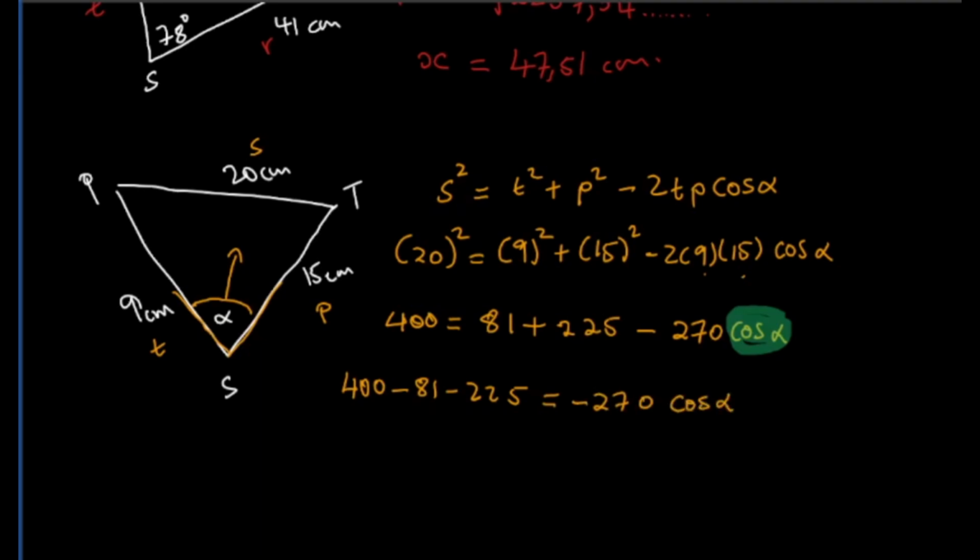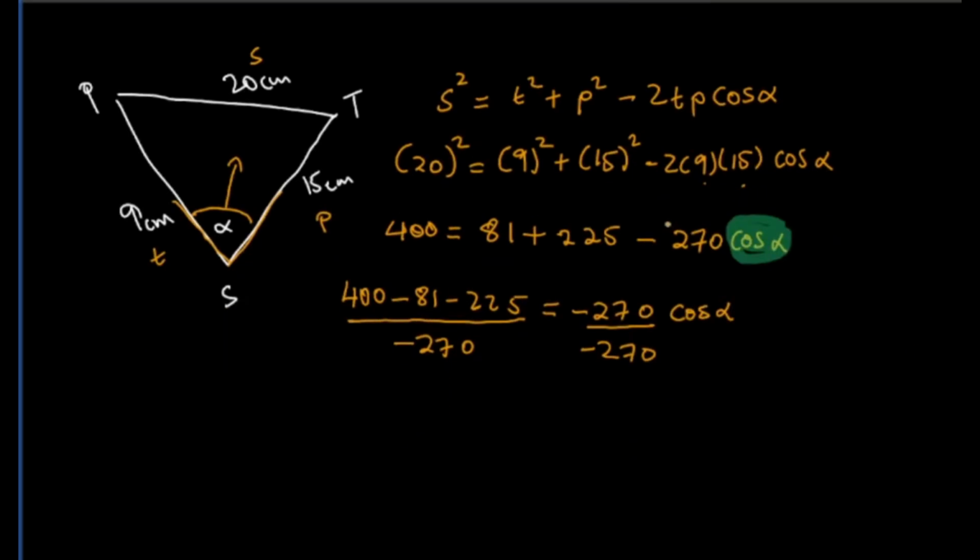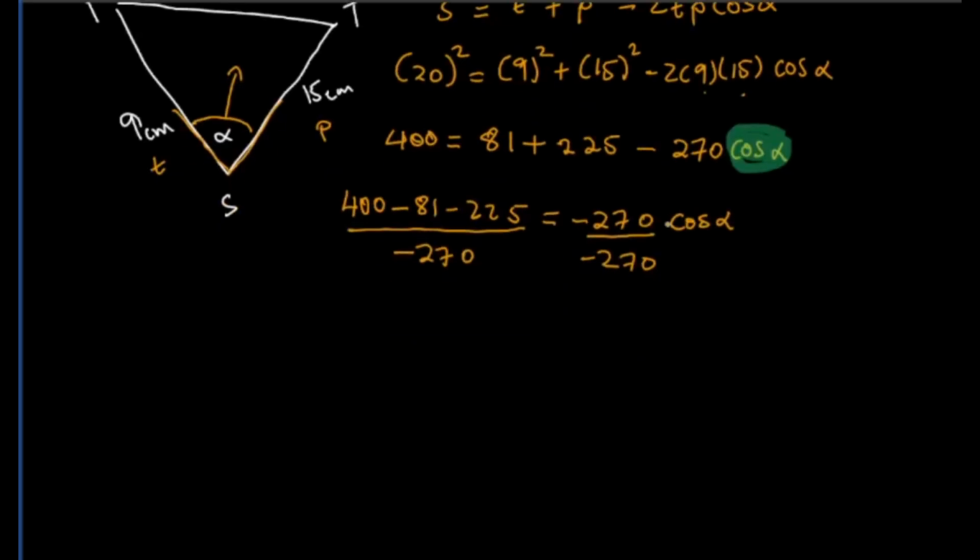So the answer that I get, I can divide by negative 270. I need you to put that on the calculator. Tell me what you get, because this will be the cos of alpha. It's equal to whatever you get when you say 400 minus 81 minus 225 over negative 270. What do you get?